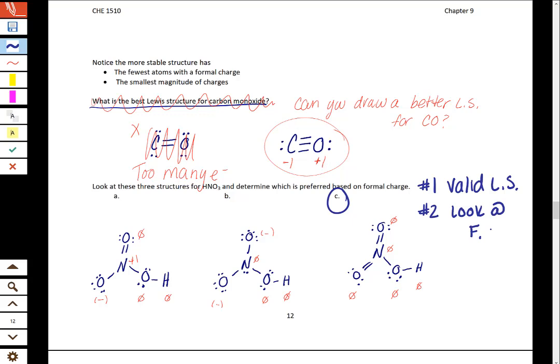So let's look at this Lewis structure for nitric acid and say, is this valid? And look at that nitrogen and count your octet. Does it have an octet? That nitrogen? Hopefully you're saying no, because that nitrogen has 10 electrons around it. And so that is not a valid Lewis structure.